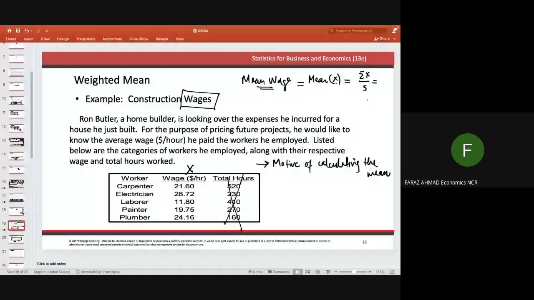So if you add all the X's, what you get is 5, 6, 7, 14, 13, right? 7 and 6, 13, 3, 1, 7, 7, 14, 22, 29, 30, 3, 11, 4, 12, 13, 22, 26, 2, 2, 4, 2, 6, 7, 8, 9, 10. Divided by 5. So 21.2 is the mean wage.